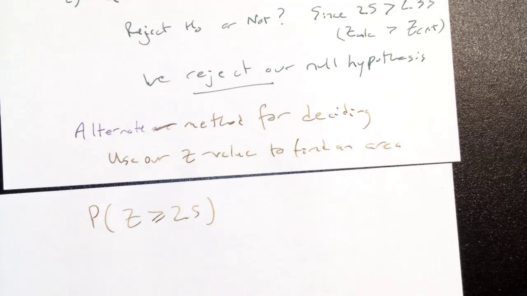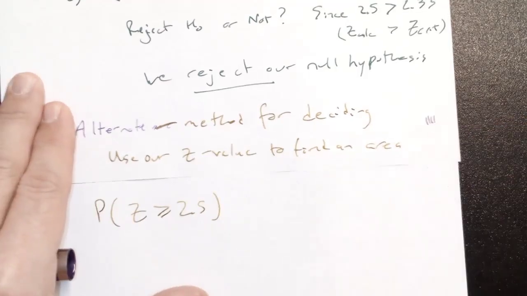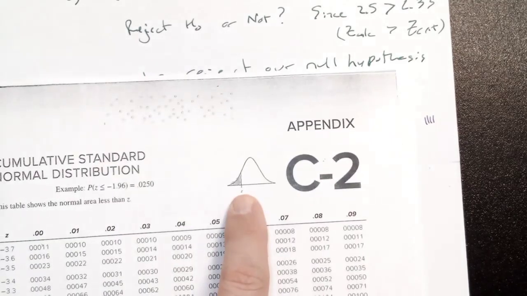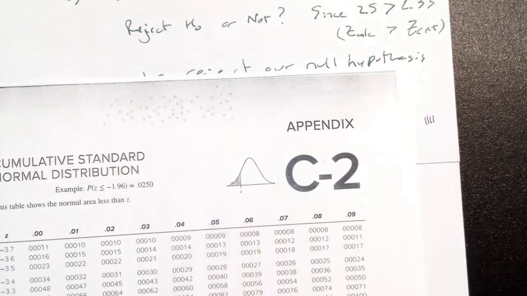How do I find this information? If I go to the table and I do the CDF, table 2, I'm not going to look for negative numbers, I'm going to look for positive numbers, but that's going to give me the left side of the picture.